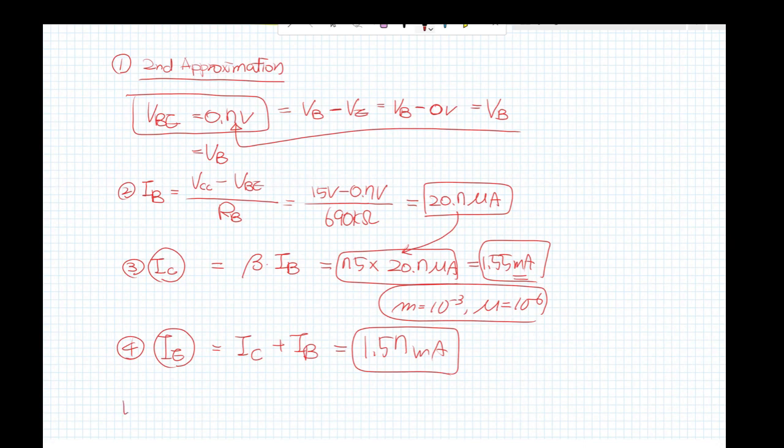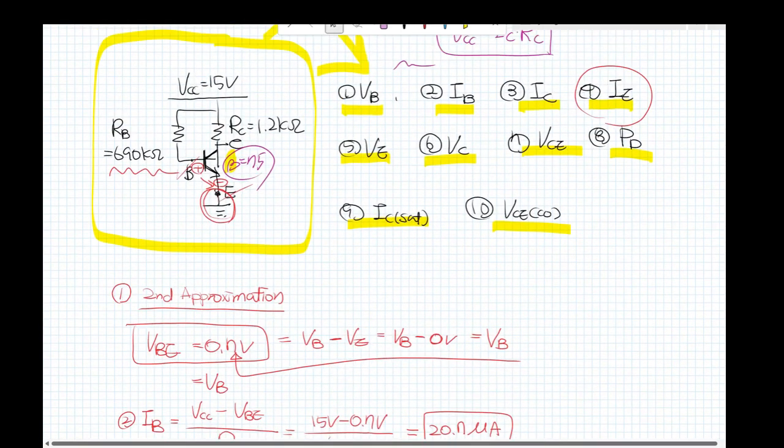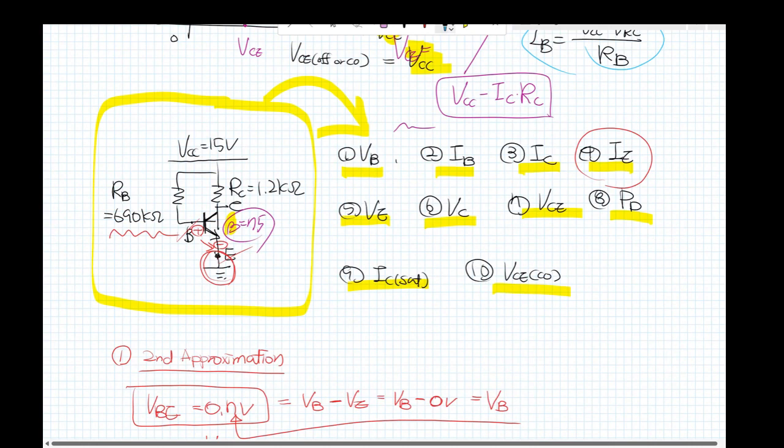Question 5, what is V sub R sub C? It's the voltage drop after passing current through the collector resistor.